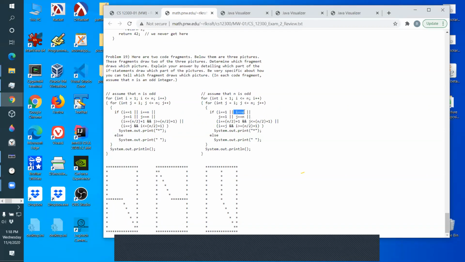Remember, the point of view is that we've picked an I and we've picked a J, so we're somewhere in this rectangle. The question is, are we at a space location or a star location? If I is 1, we're in the top row, that's a star location. If I is n, we're in the bottom row, that's a star location. What determines the left-hand edge?